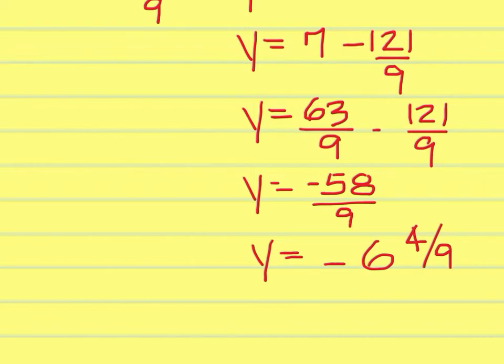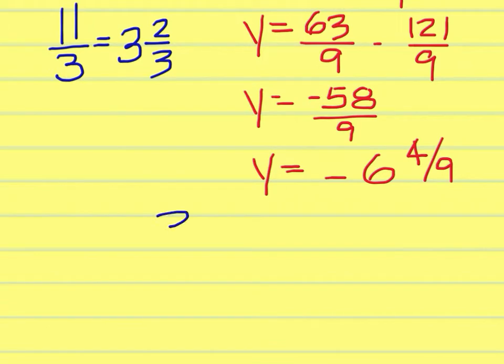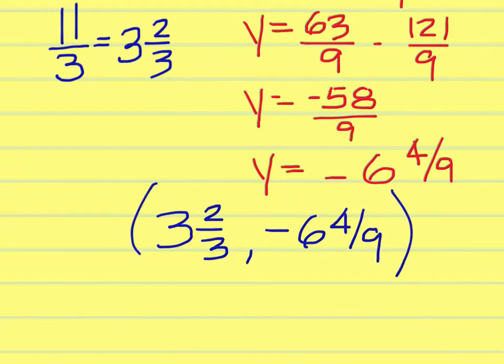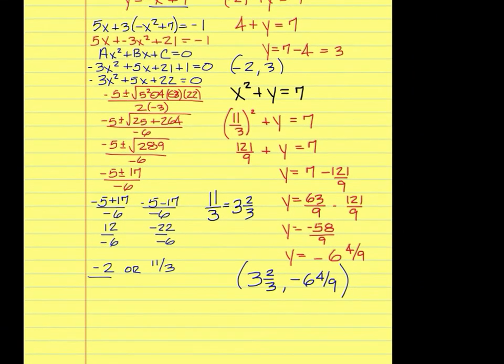Remember, we plugged in an 11 over 3, which is the same thing as 3 2/3. So we put in 3 2/3 and came back with a negative 6 4/9. So your two solutions are here. This one and this one.